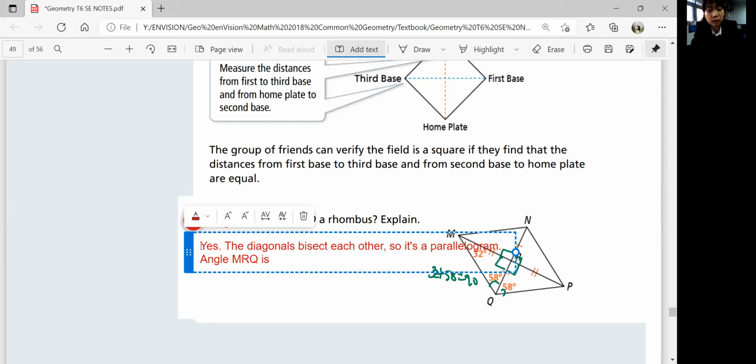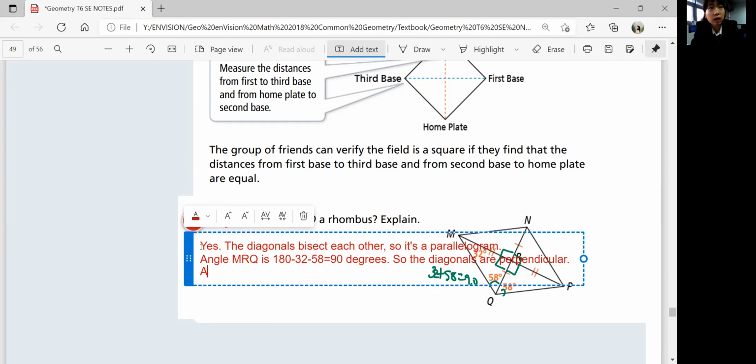Or you can say it is 180 minus 32 minus 58, which is 90 degrees. So the diagonals are perpendicular. And a parallelogram with perpendicular diagonals.